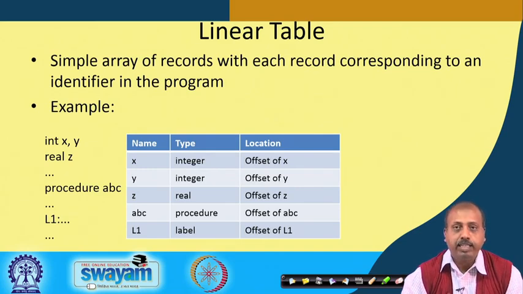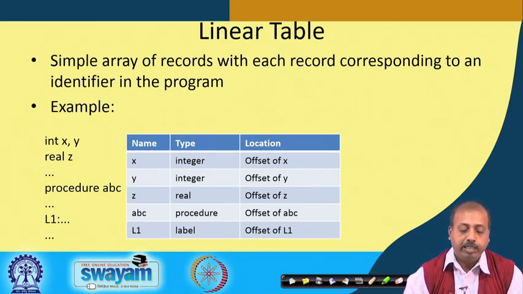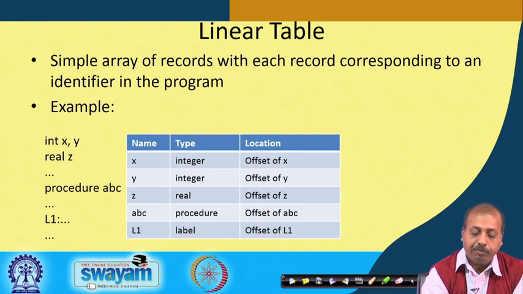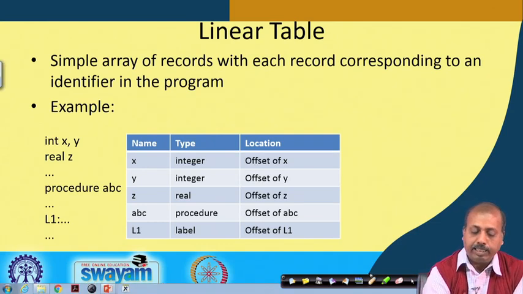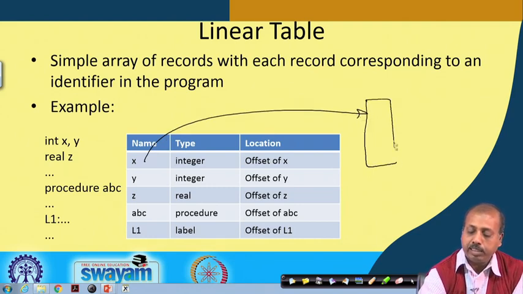If not finite, it is better that this name field, instead of being a character array, is a pointer that points to the string table. As I was discussing in the last class, this string table will have all the strings that occur in the program.